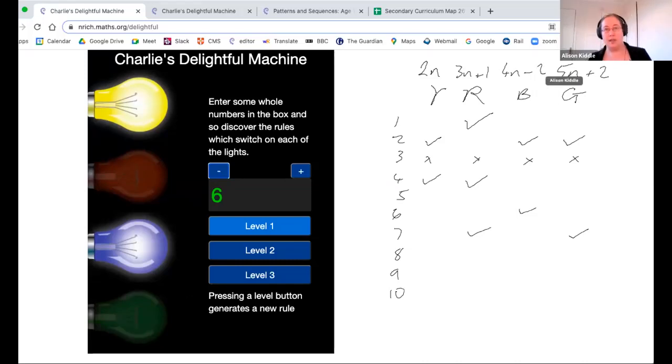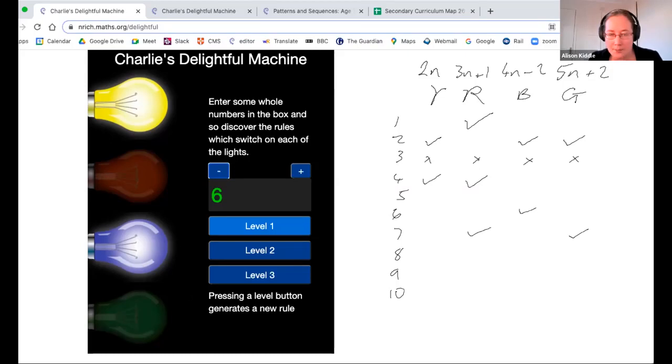So now that we've got all of those, sometimes more than one light gets turned on at once. So a really lovely follow-up challenge is to invite students to try and find something that will turn on all 4 lights.